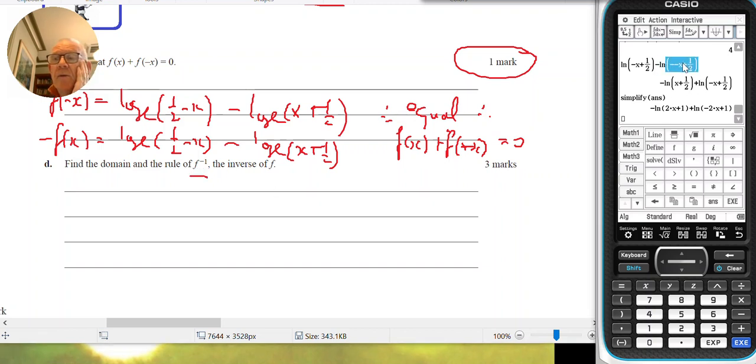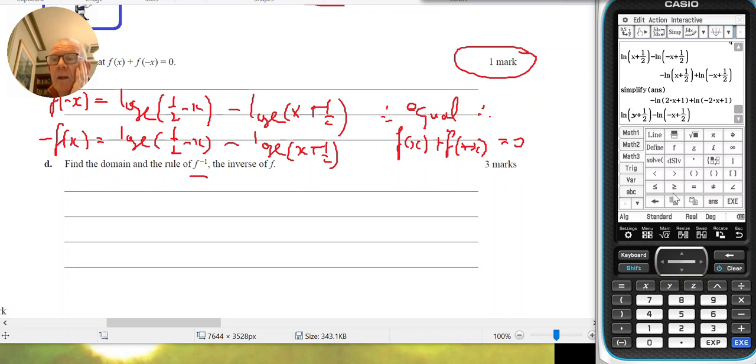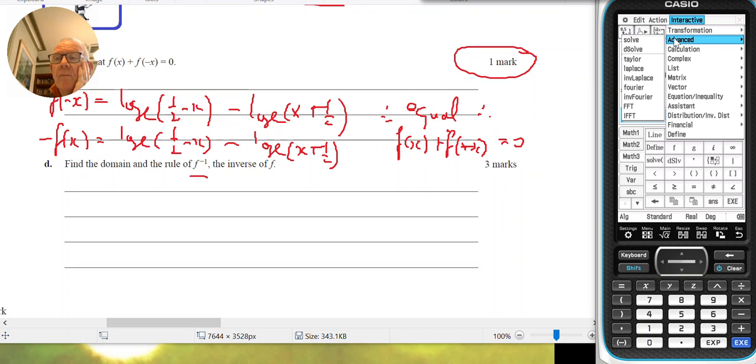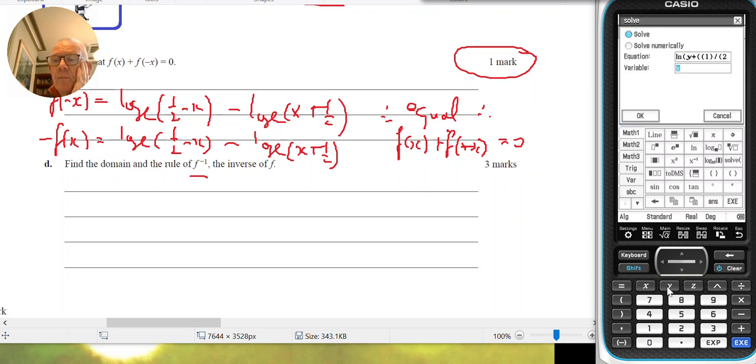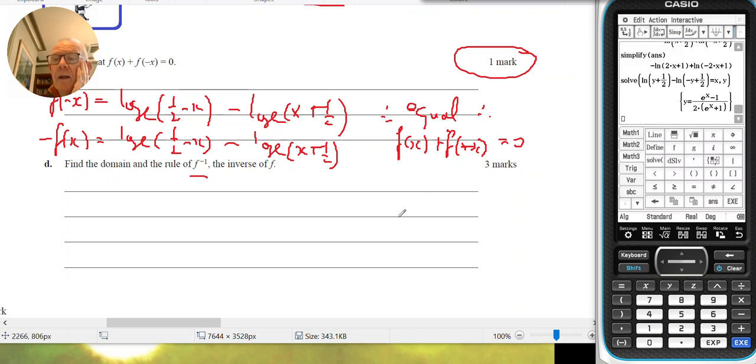Find the domain of the rule of the inverse of the function. Okay, so if I grab my original, so that was without the negative there and without the negative there, and I try and put a y there, and I try and put a y there, and I make it equal to x, can I go solve for y? I can.